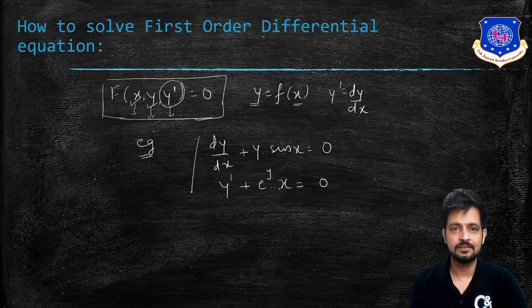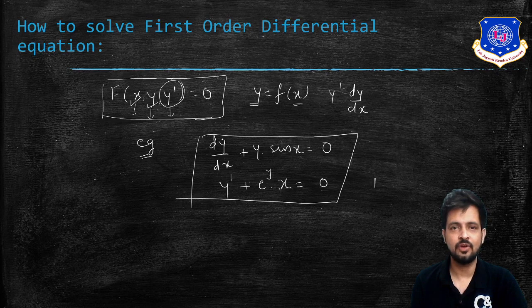So these are the examples of first order differential equation because only the dy by dx term is there, only y dash is there. So we have to solve these types of differential equations in this chapter. We are not going to find the solution of higher order differential equations, but we are going to solve the first order differential equation.